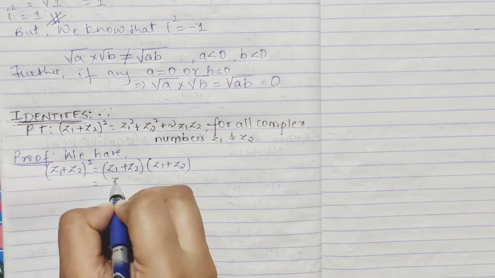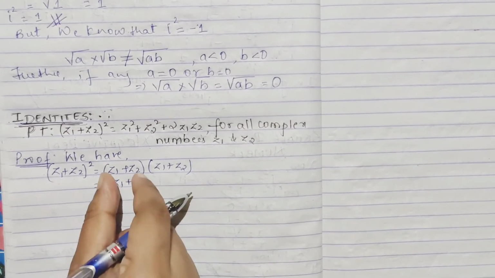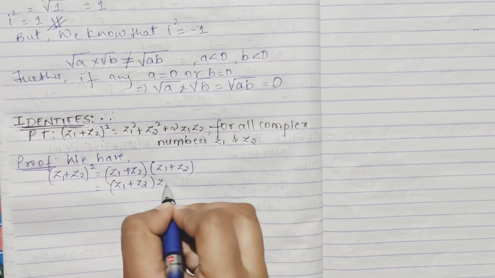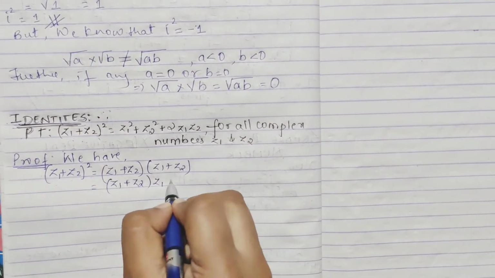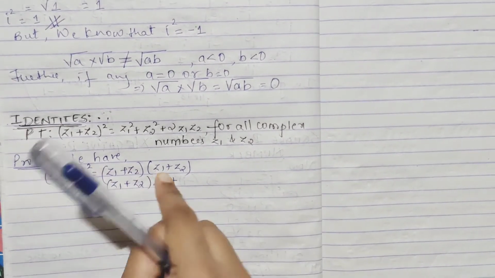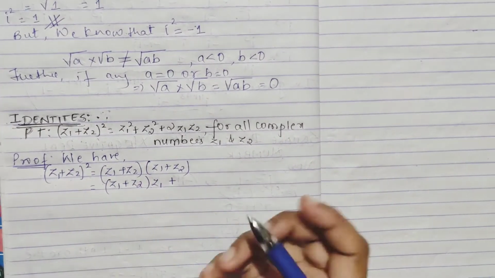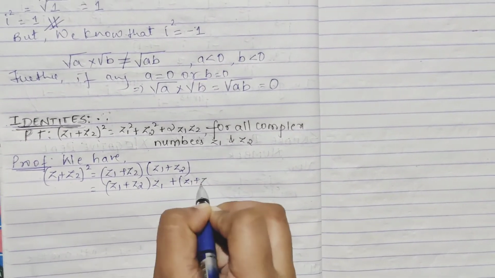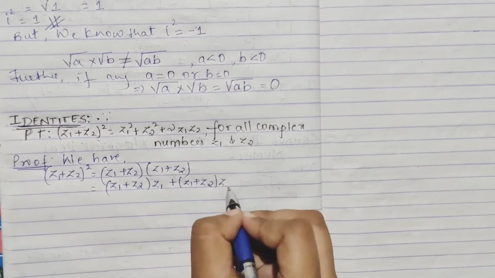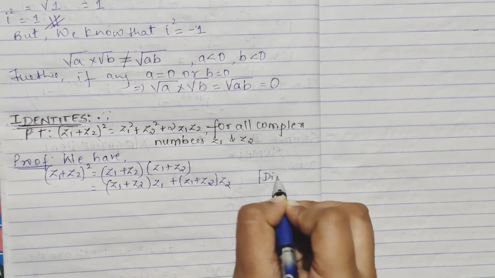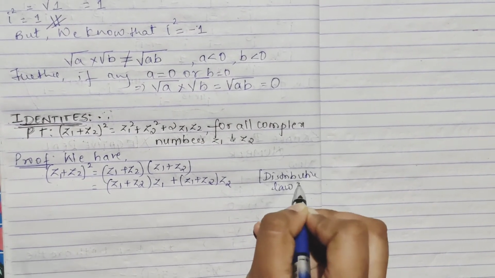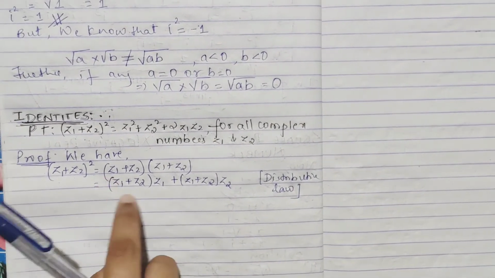Now with the help of the distributive law, multiplying this z1 plus z2 into z1, this whole into z1 plus this whole into z2. Again, z1 plus z2 into z1, and z1 plus z2 into z2. We have split it with the help of the distributive law. Like this only, the distributive law comes.